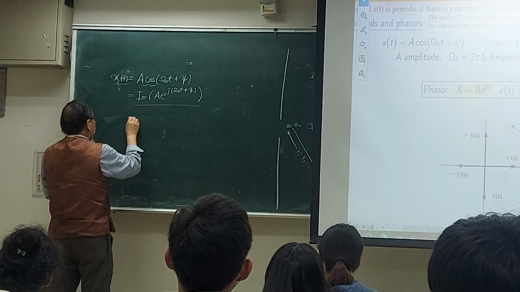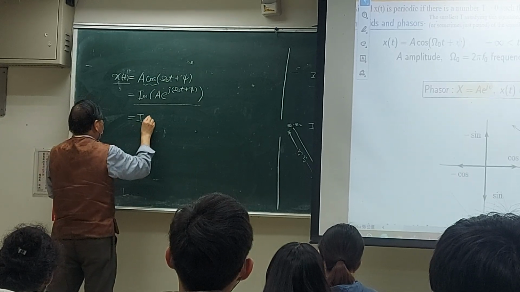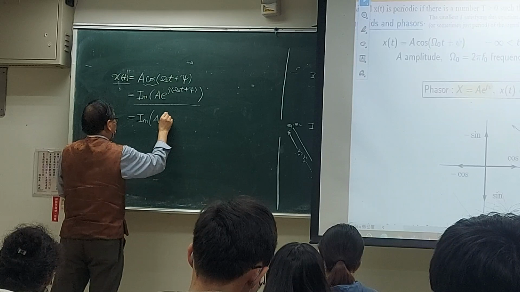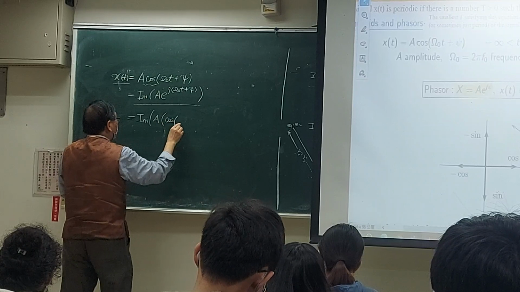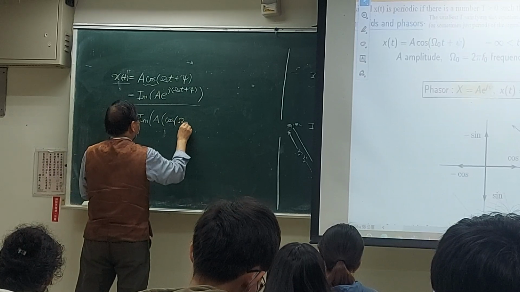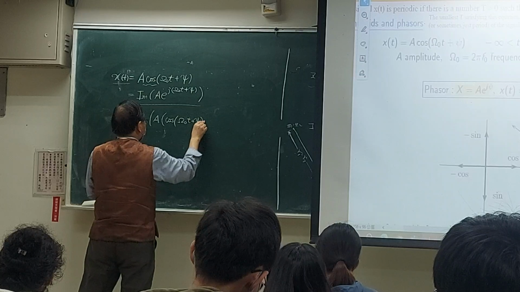And A times cosine of omega sub 0 t plus psi, plus j sine.